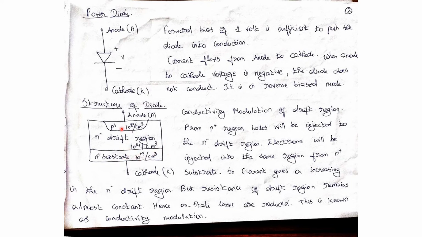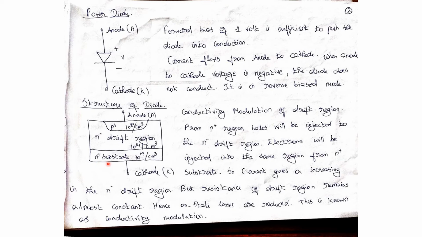So the current keeps on increasing in the drift region, but the resistance of the drift region remains constant. This is known as conductivity modulation of the drift region. So on-state losses are reduced here.